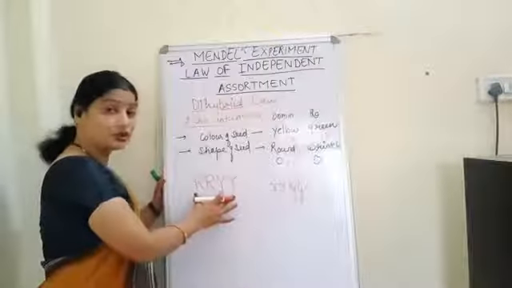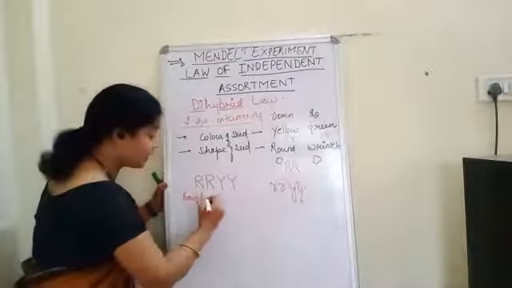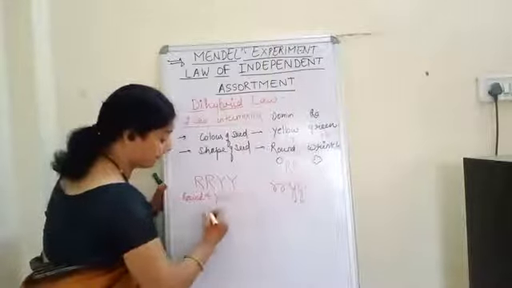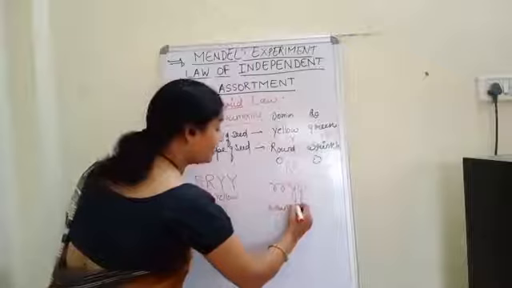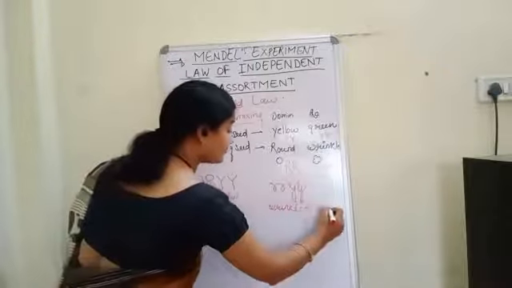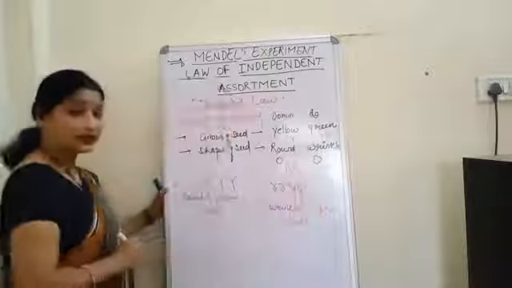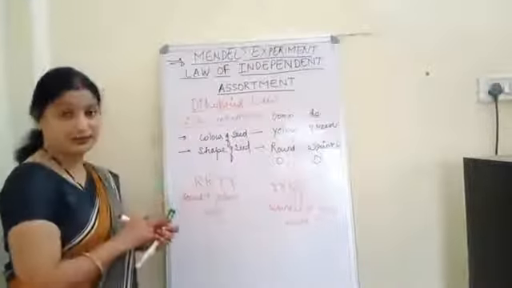Now these are the two traits. What were the traits? Round and yellow seeds, and this side wrinkled and green seeds. Clear?